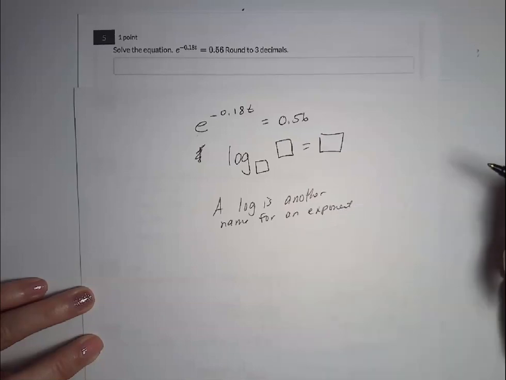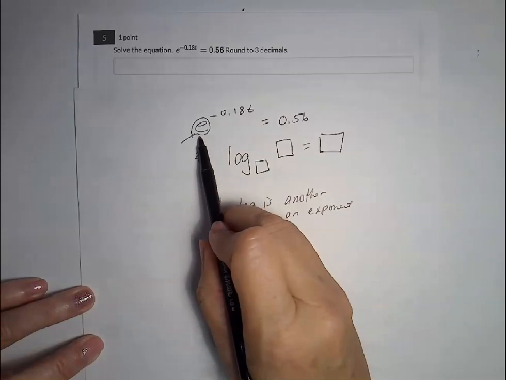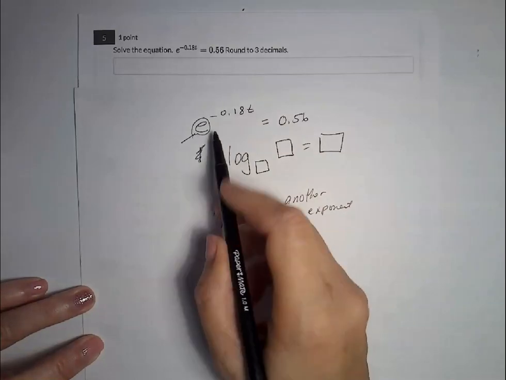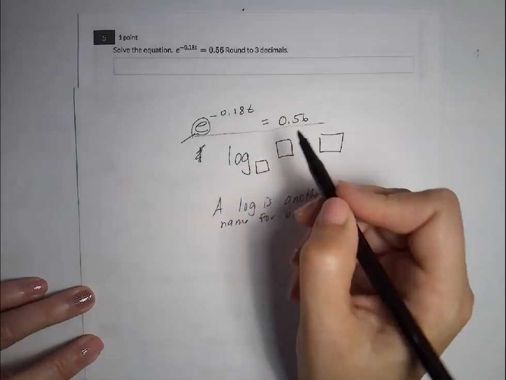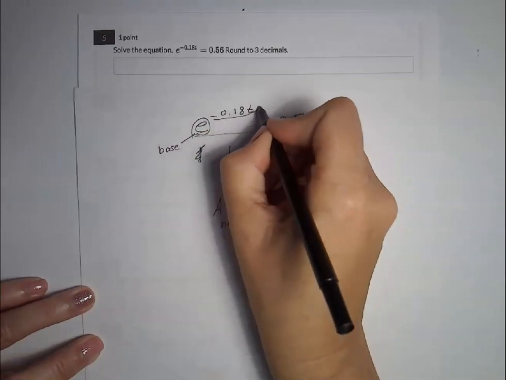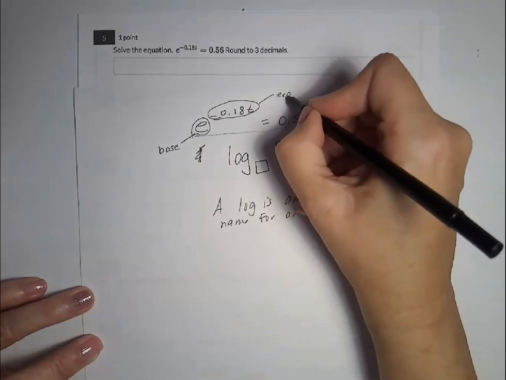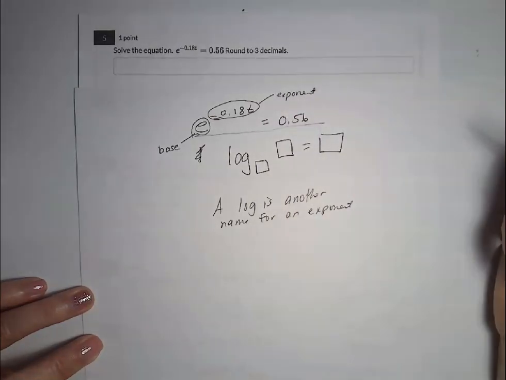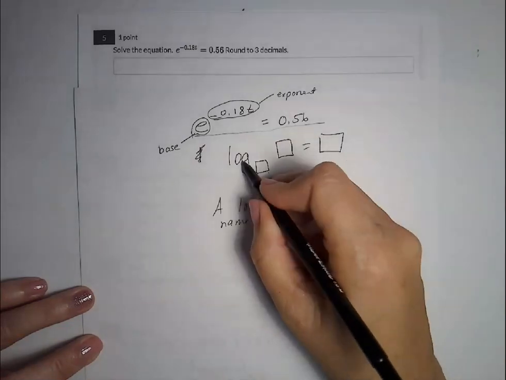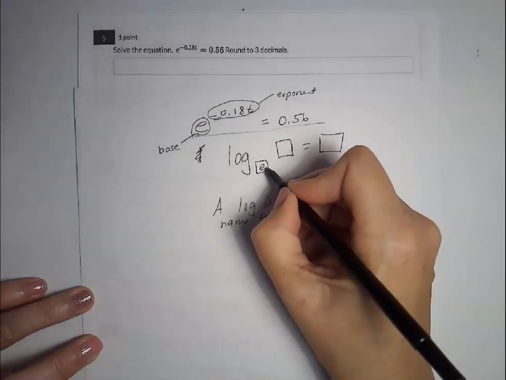So before you rewrite it, label your parts. The base is always the number that's sitting on the line, like if you drew a line here. Okay, this is my base. And the exponent is always the number that's raised, or variable name that's raised. This is my exponent. Okay, so let's put them where they belong. The base, we know log base is the subscript. So my base is going to be e.